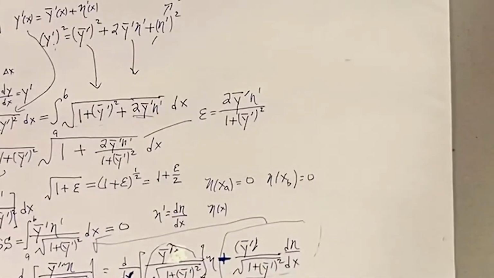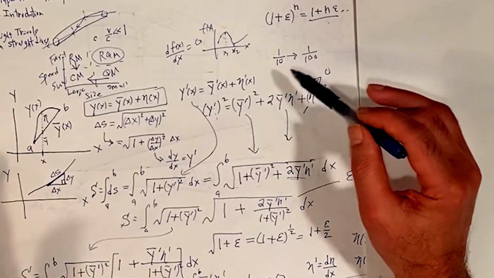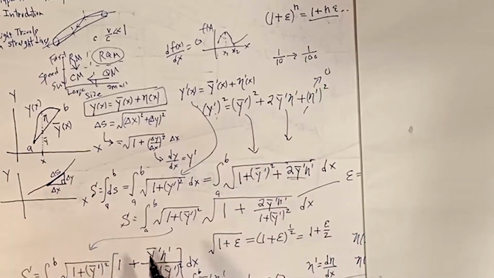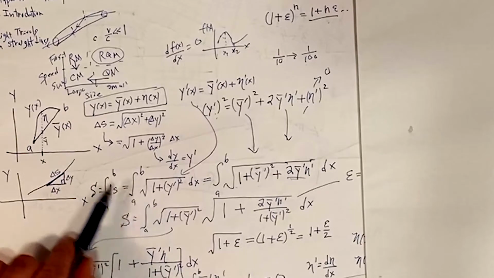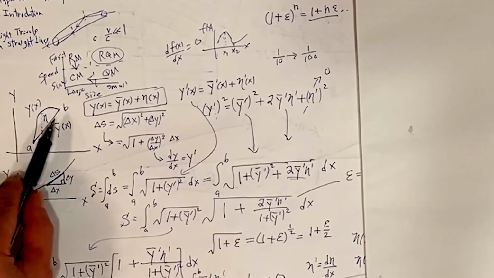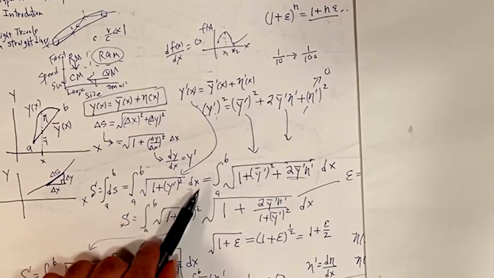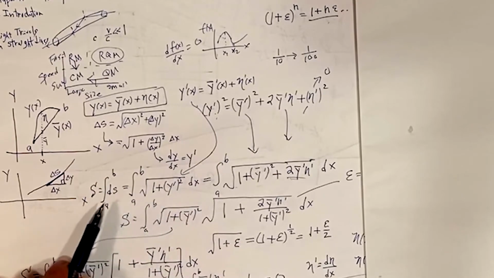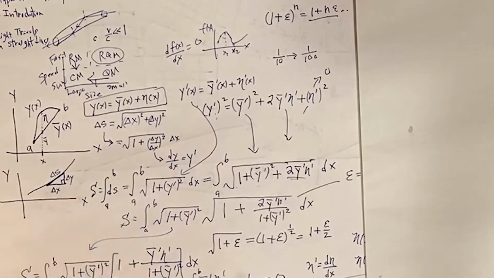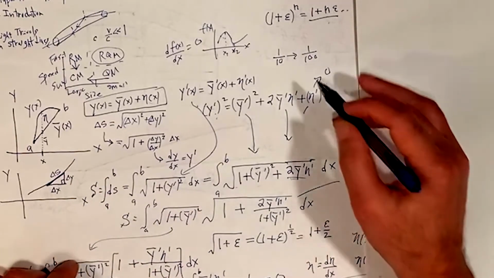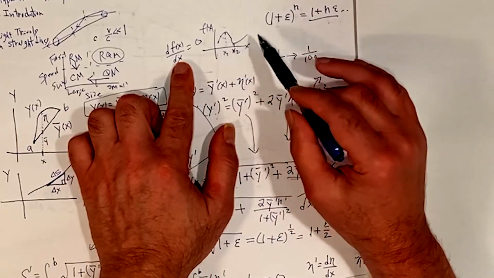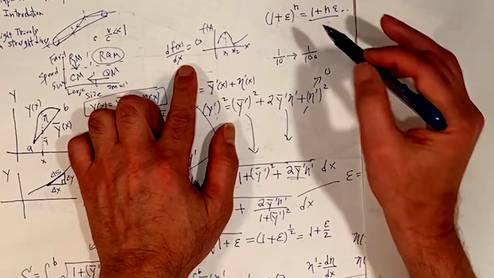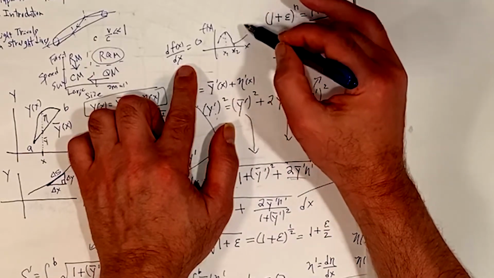Very, very elegant. Let's look at what we have done here. We have taken the arc length from A to B, where we have some arbitrary y, and we did a minimization problem to find what that y is. Now in calculus class, where you have a function, f of x, and you take a derivative and set it equal to 0, you get the max or the min.